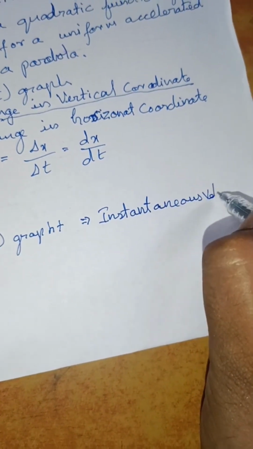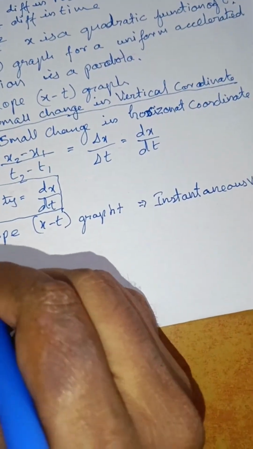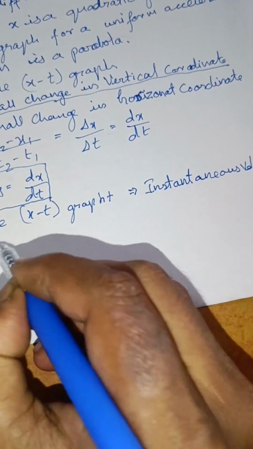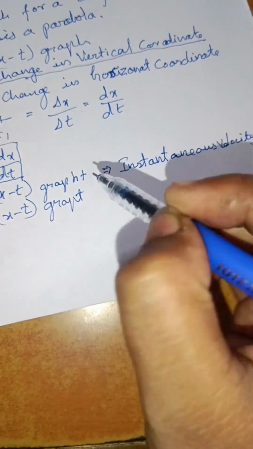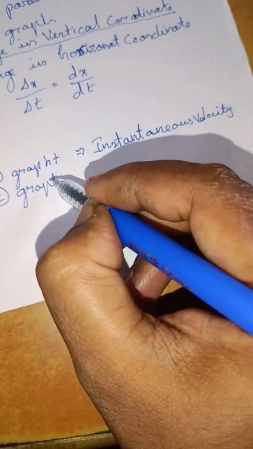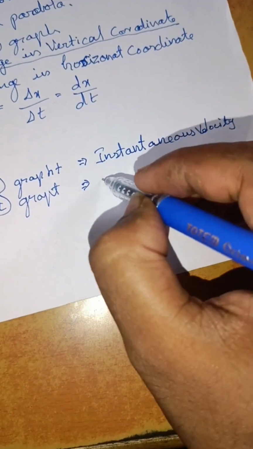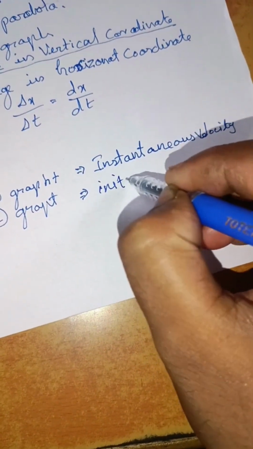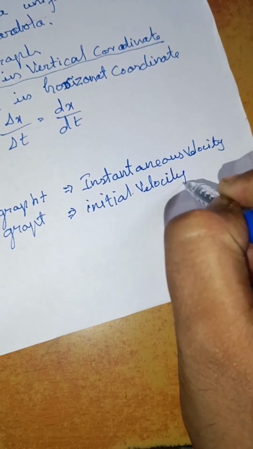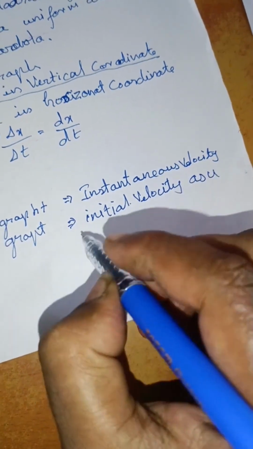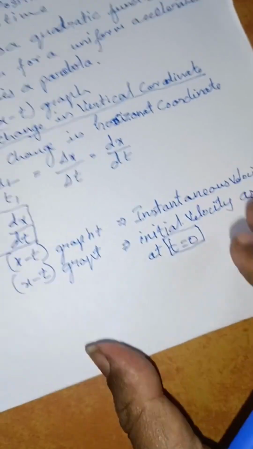Position time graph dx by dt always gives me the instantaneous velocity, and at the same time the slope of an xt graph also gives me the initial velocity, that is u, at t equal to 0, condition number 2.